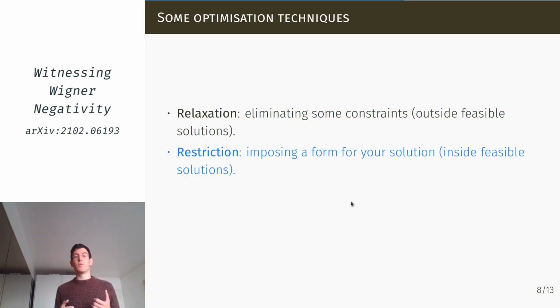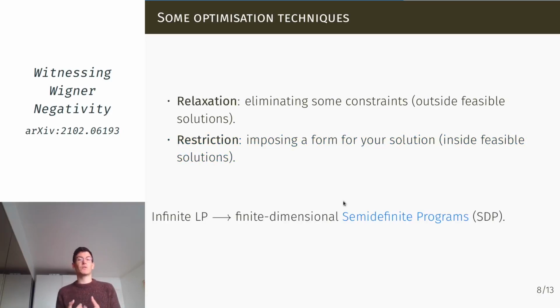Another solution is to go by restriction. For instance, if you impose a form on your solution or if you add some constraints, then you will optimize from the inside of your set of feasible solutions originally. And the idea is that with clever relaxation and restriction, maybe you can transform your infinite linear program into finite dimensional semi-definite programs. And you can run semi-definite programs on a classical computer, and you have algorithms that solve them efficiently.